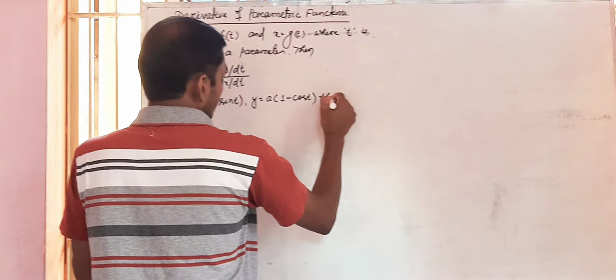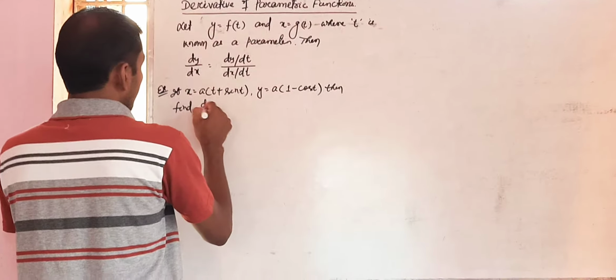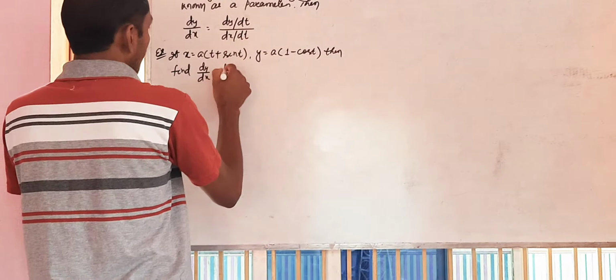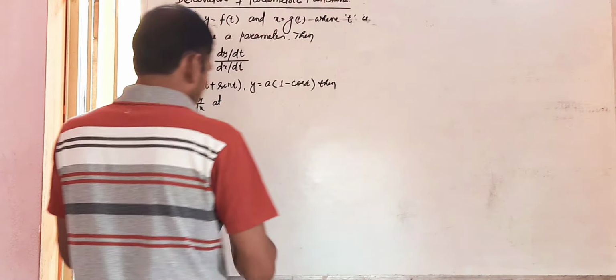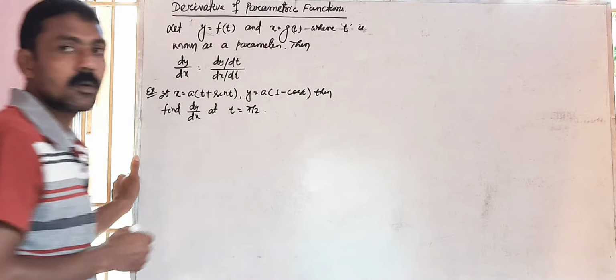Then find dy by dx at t equal to pi by 2.